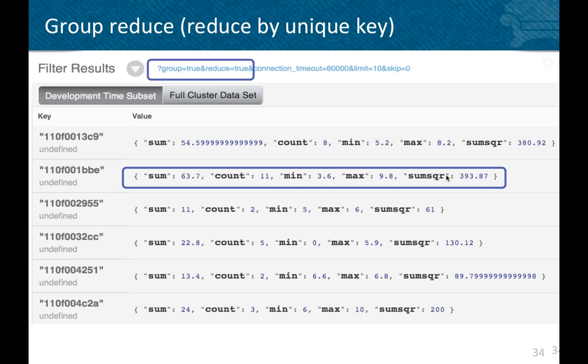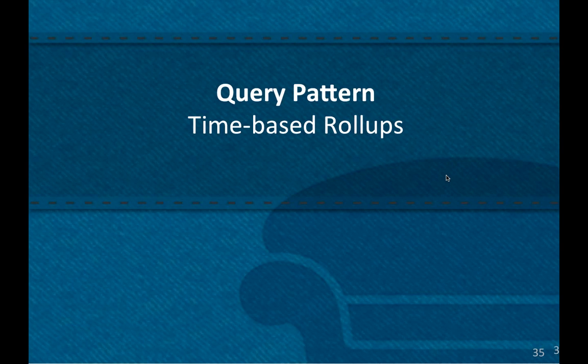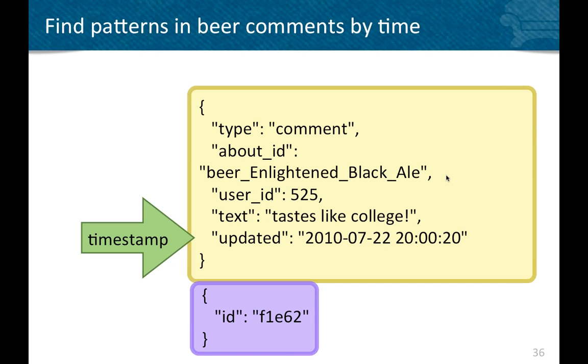But with group level 2, we would be able to see that this particular brewery has strong stouts and light porters, or vice versa. We'll look at an example of that in a second, with a time-based rollup, which is one of the most popular uses of that dynamic grouping capability.